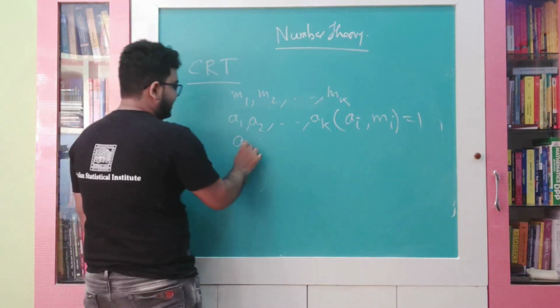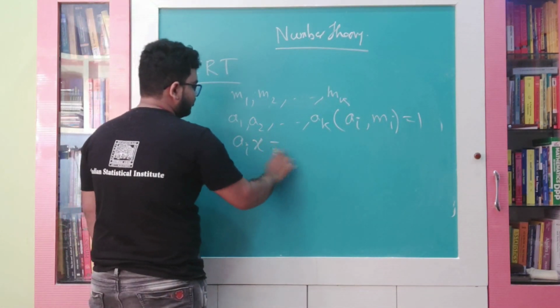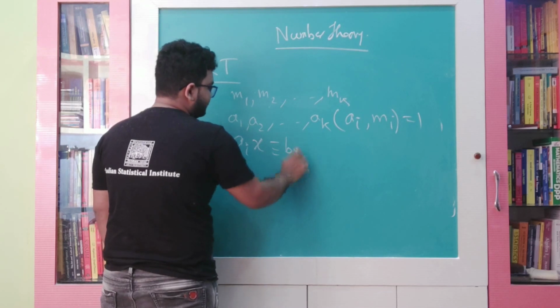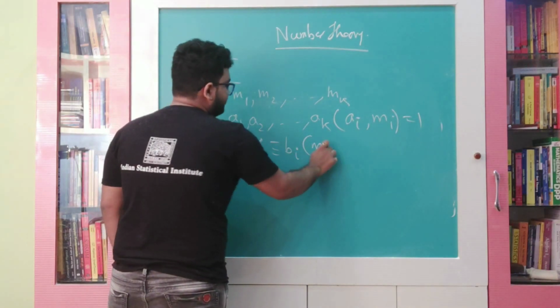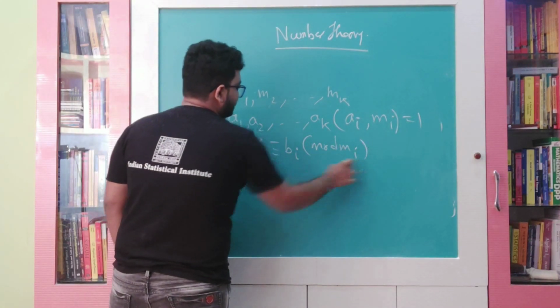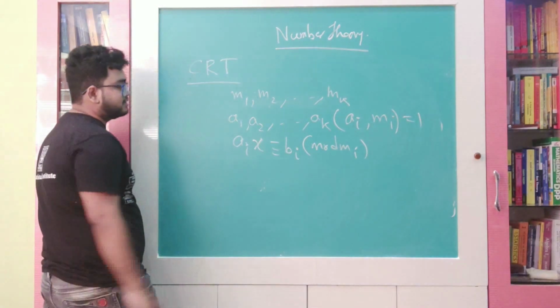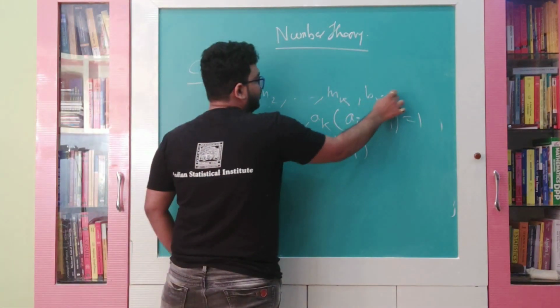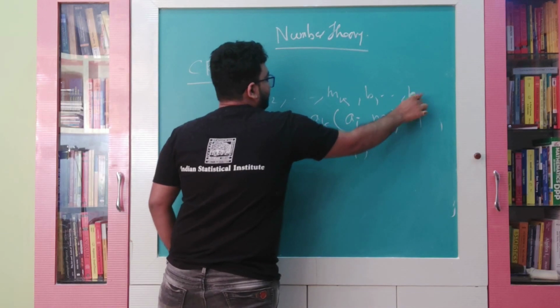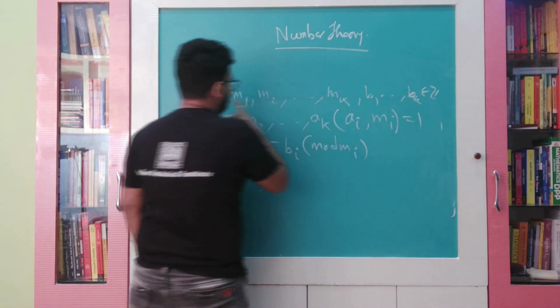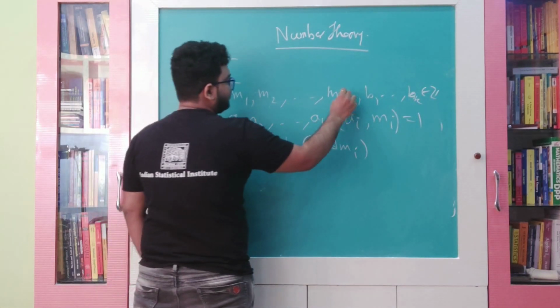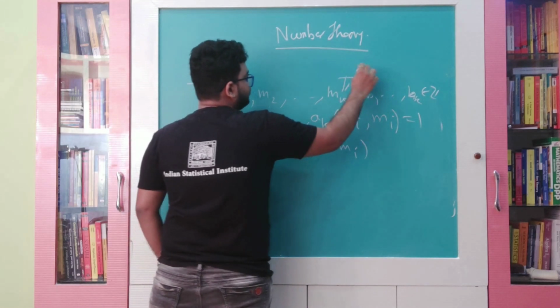Then Ai x congruent to Bi, where B1, B2, Bk belong to the integers, and M1, M2, Mk belong to the integers.